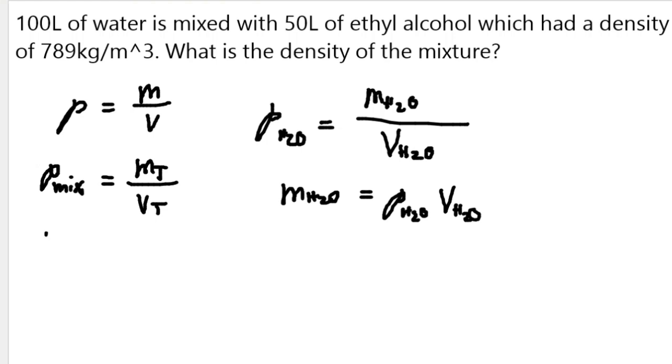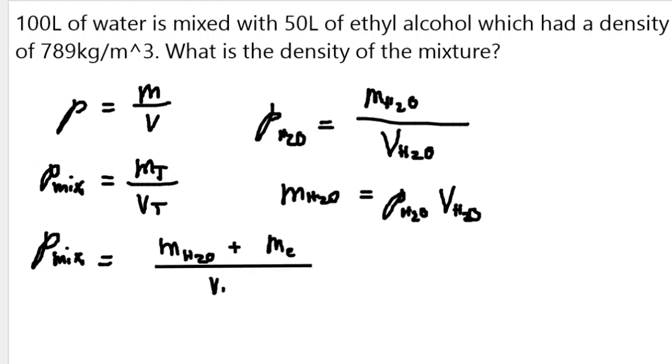Now let's go back to our original equation. The density of the mixture, we're going to substitute this. This is the same as the mass of the water plus the mass of the ethyl alcohol, let's call it M sub E. The volume is just going to stay the same.